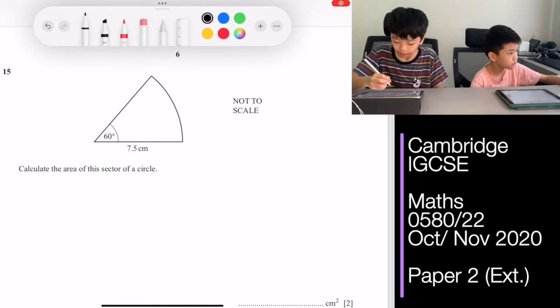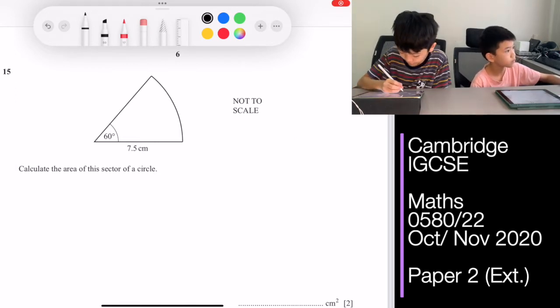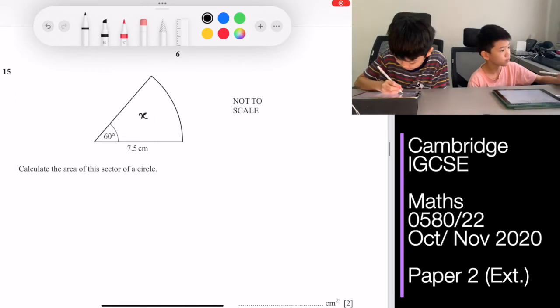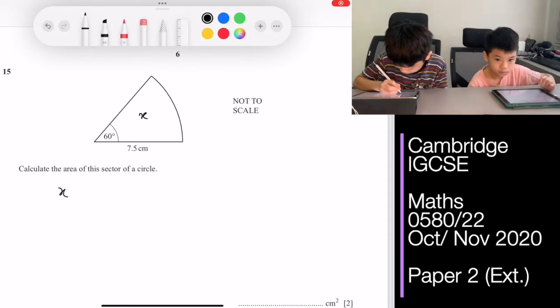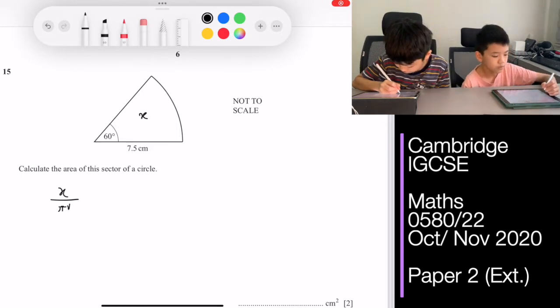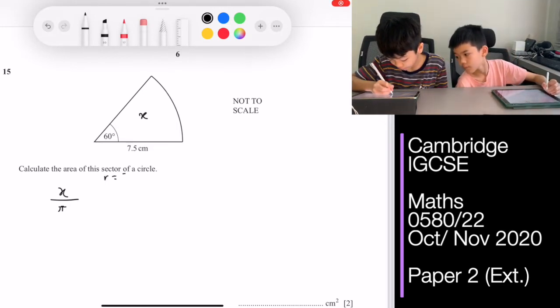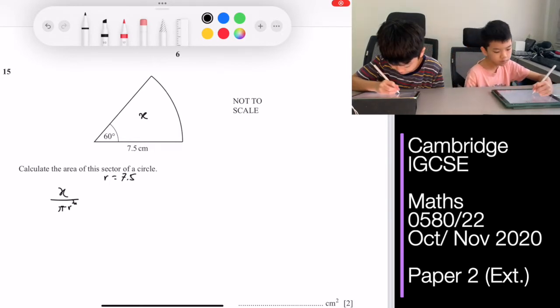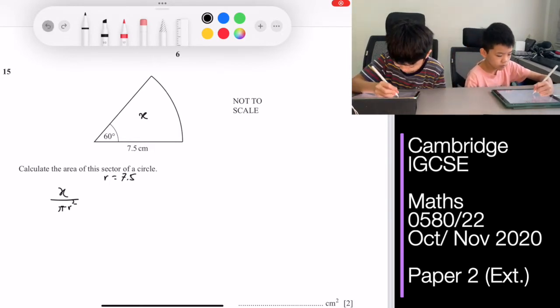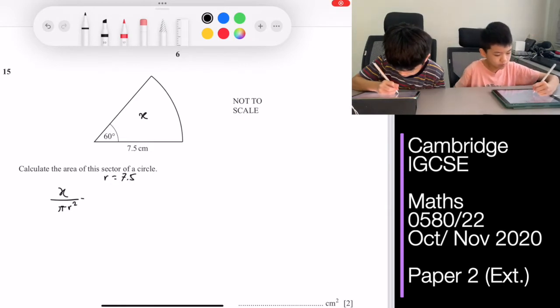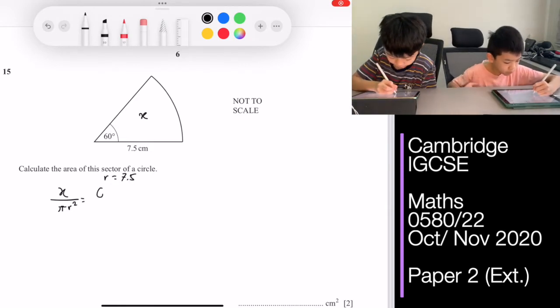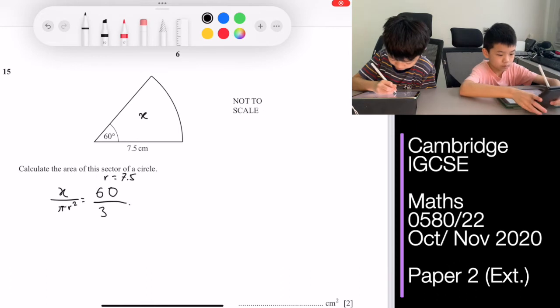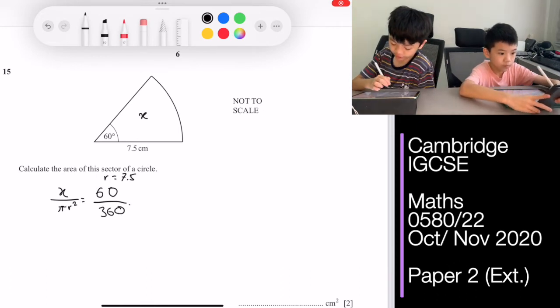So x is the area. x over pi r squared, where r is 7.5, equals 60 over 360, which is the angle.